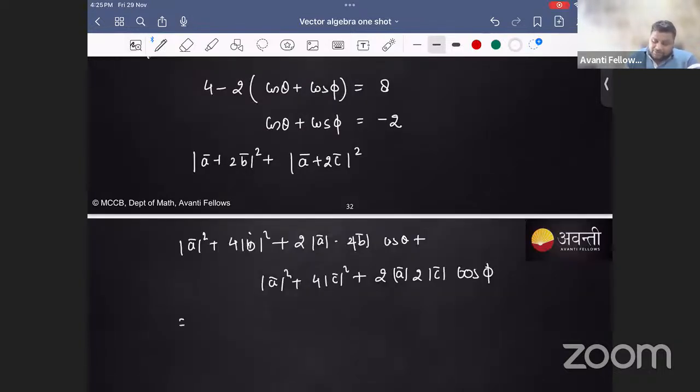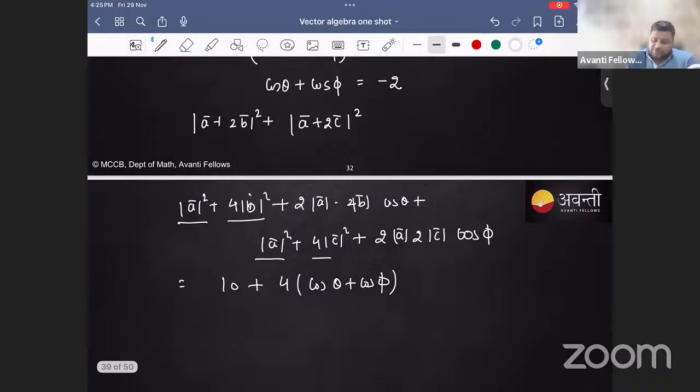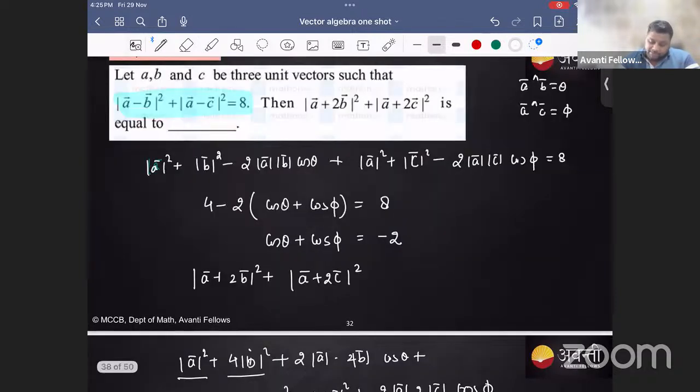So 1 plus 4 is 5, 1 and 4, 5, 5 and 5, 10, plus 4 common, it became cos theta plus cos phi. Now cos theta plus cos phi is minus 2. So 10 plus 4 times minus 2, this answer is going to be 2. Am I clear?